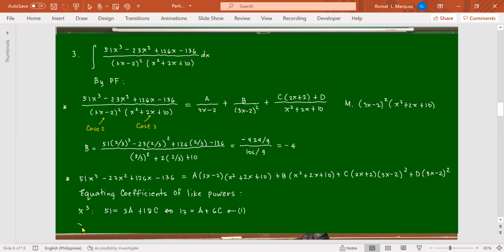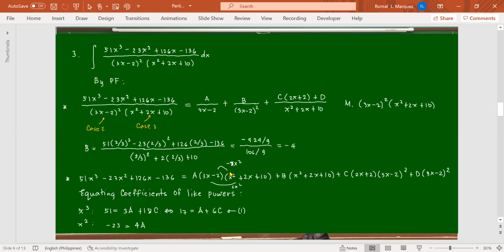And then for x squared, we have negative 23, and that is equal to, this is negative 2x squared, this is positive 6x squared, then we have 4A for the coefficient.